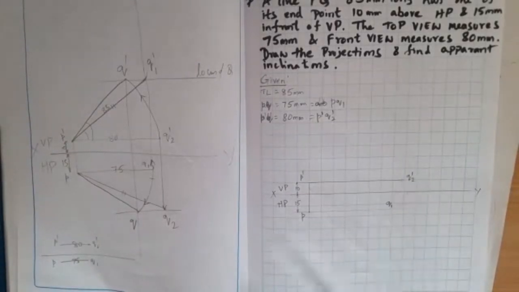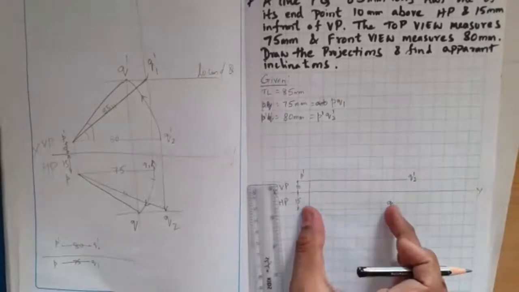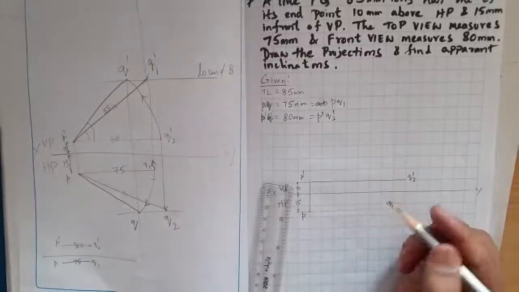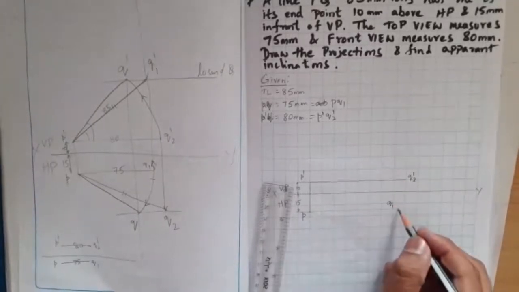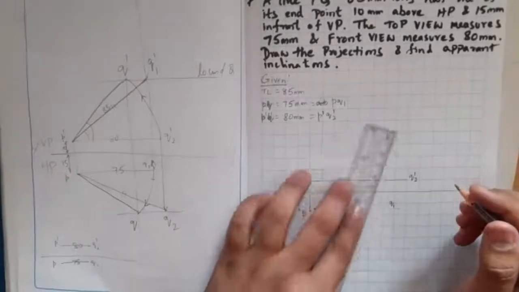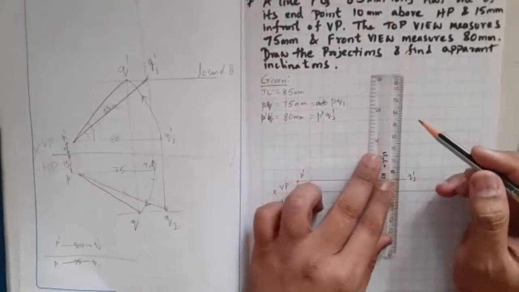This front view has to be rotated somewhere here, and this top view has to be rotated somewhere here, but I don't know this location. So what should I do? From the top view PQ1, I'm going to drop a vertical projector because I can draw the true length.